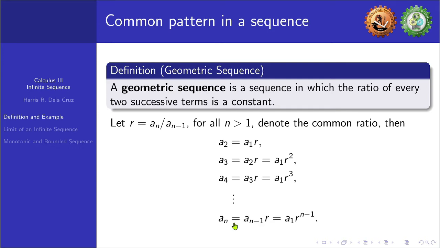Very good. So that's called a geometric sequence. The next term is derived by multiplying the preceding term by the common ratio R. But because of the pattern, we're able to identify the formula for the general term. So the formula for the general term of a geometric sequence is given by A1 R to the n minus 1, where n is the position of the term.